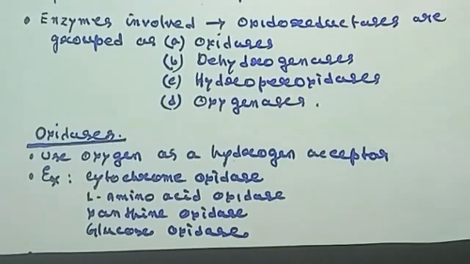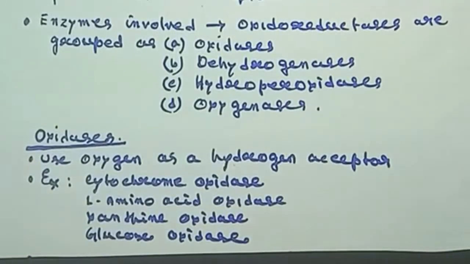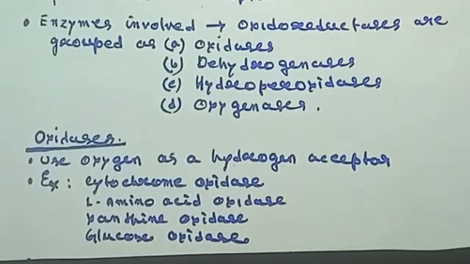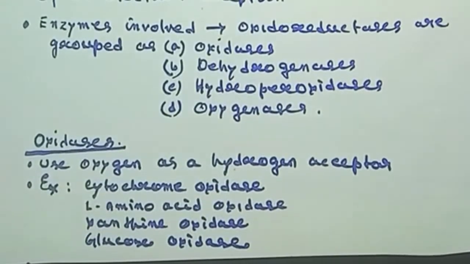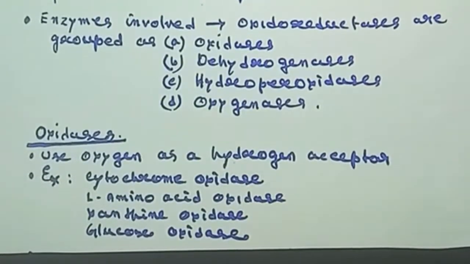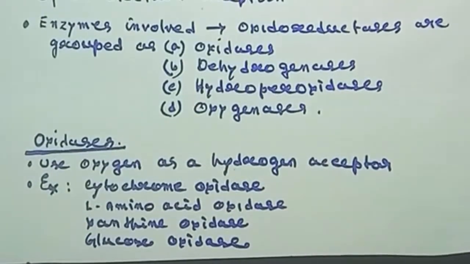In some species, some other bacteria, you may find other molecules as electron acceptor, like sulfur bacteria utilize sulfur, like nitrogen fixing bacteria utilize nitrogen as a final electron acceptor, because electron has to be moved like electrical energy.